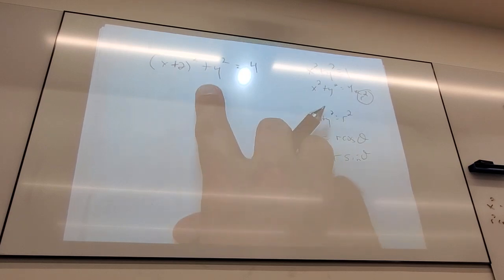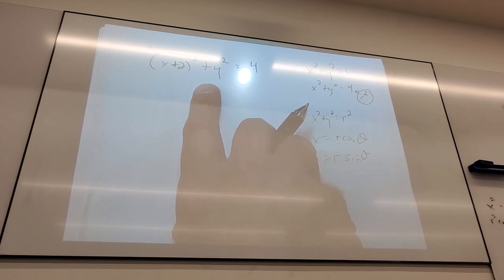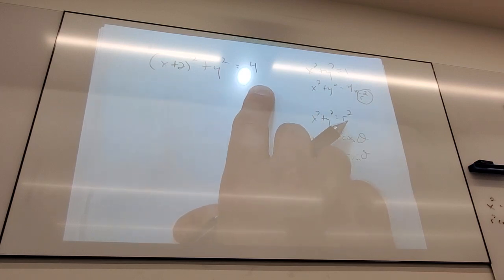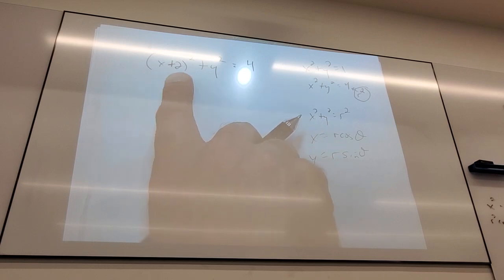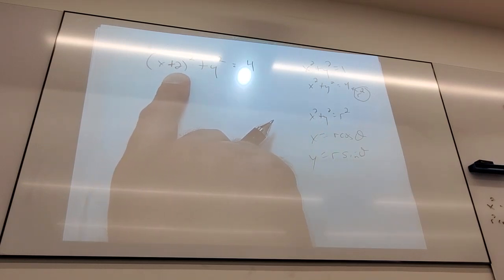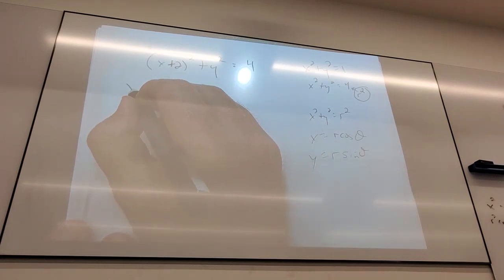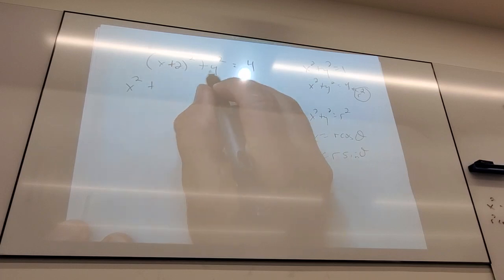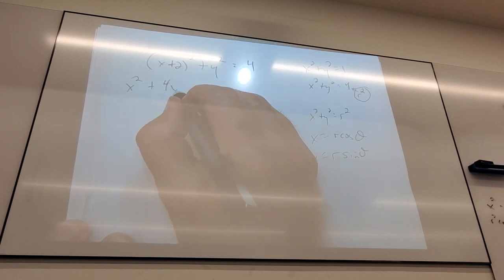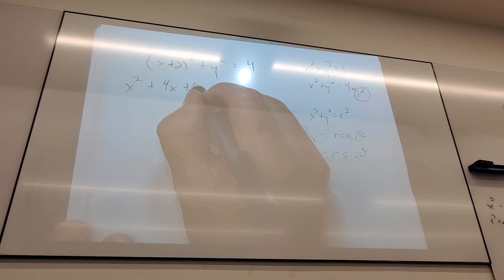How do I simplify this? What's the only thing you can do in here? Is that x plus 2? Well, you FOIL it. So if I FOIL that, I'll get what? x squared, 2x and 2x, so 4x, and 2 times 2 is 4.